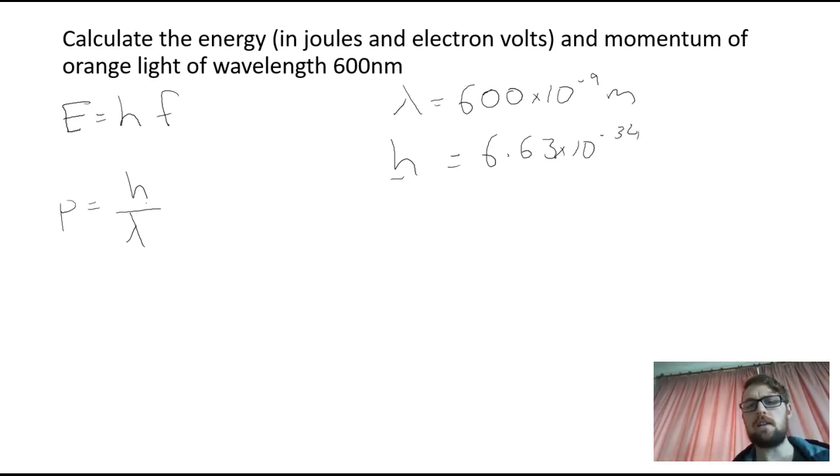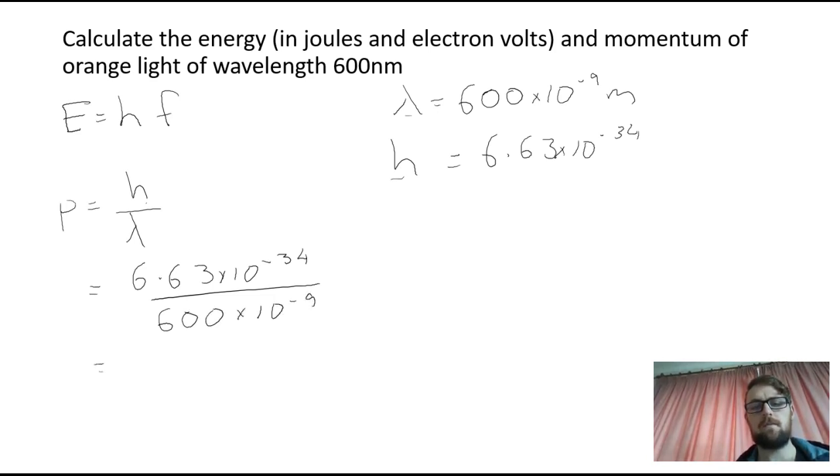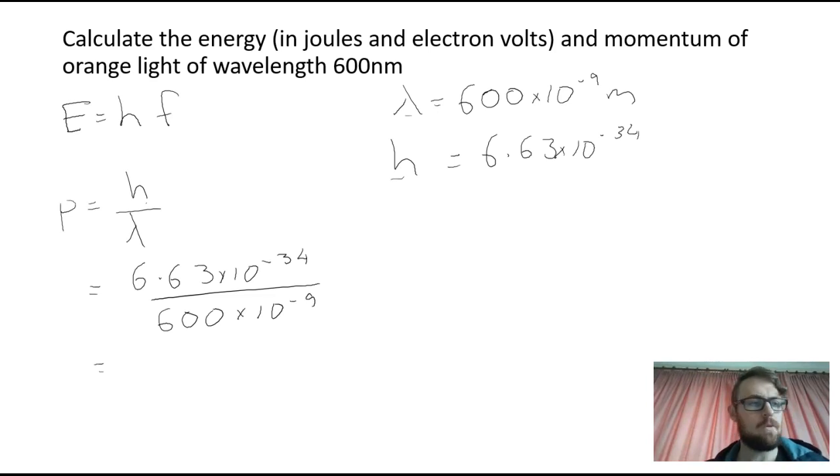Because we know Planck's constant and the wavelength, I'm going to work out momentum first. This equals 6.63 by 10 to the negative 34 divided by 600 times 10 to the negative 9, which equals 1.11 by 10 to the negative 27 seconds newtons.